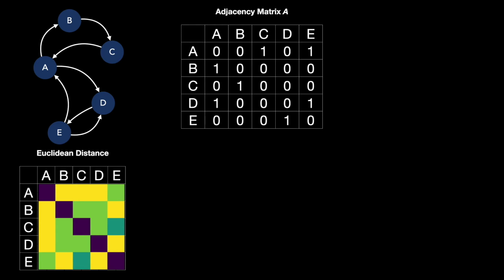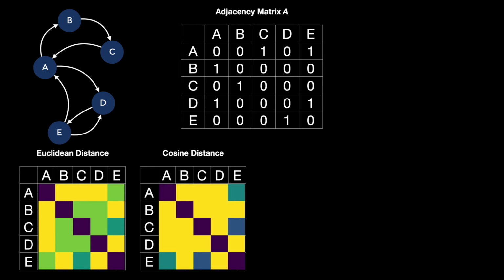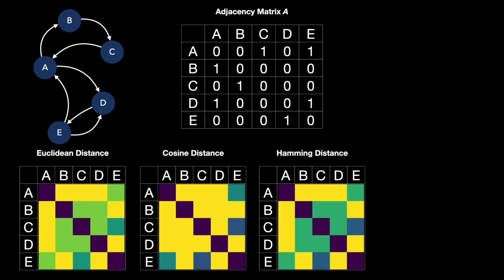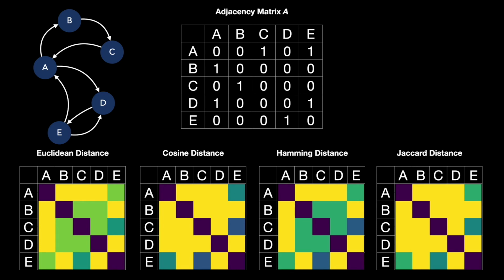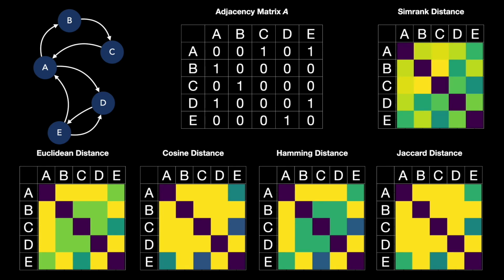And you can see by reading this off that node A is most similar to node E in the graph based on Euclidean distance. And in fact, cosine distance is similar. We see some differences between Euclidean and cosine distance, especially with respect to node B, where in Euclidean distance node B is pretty close to C and D, but in cosine distance, node B is actually just as far away from C and D as it is from E and A. And we have Hamming distance and Jaccard distance and SimRank distance as well, where we can see slight variations across all these different distance matrices.